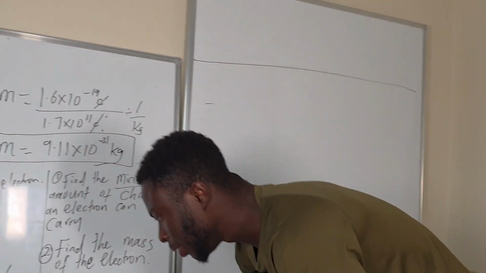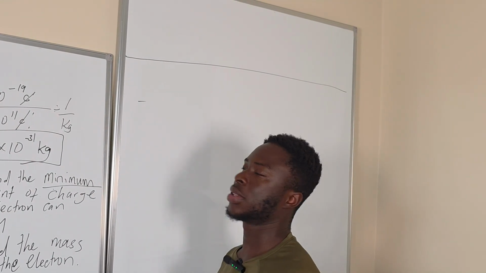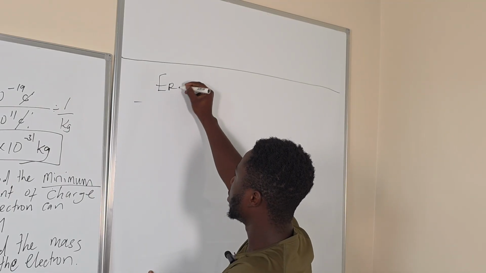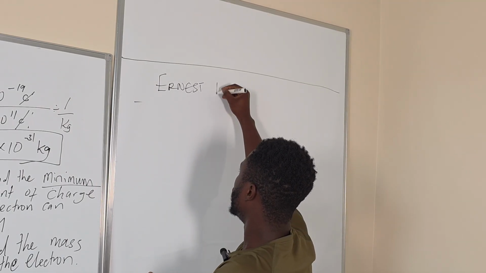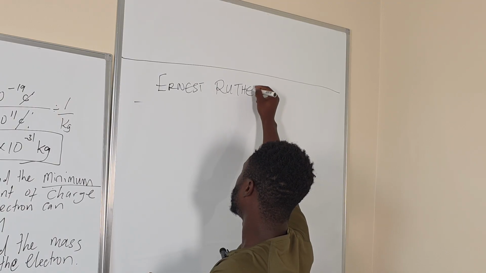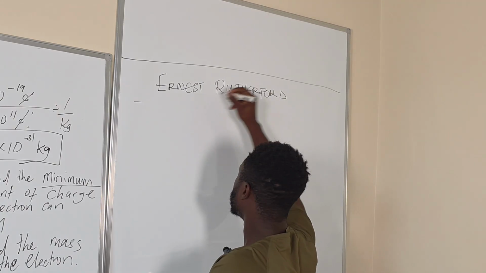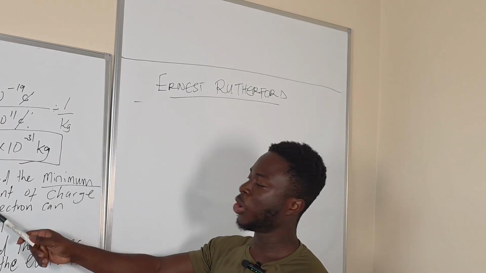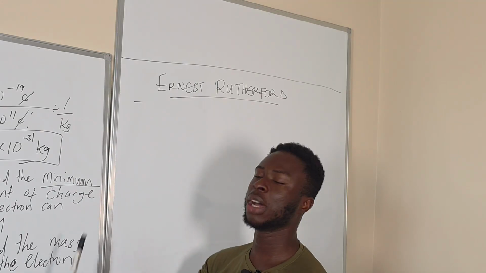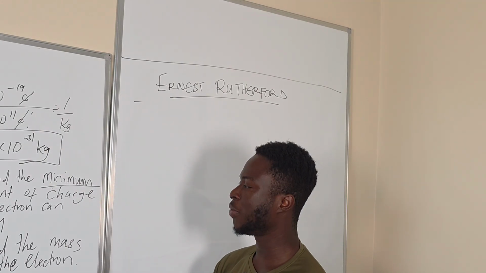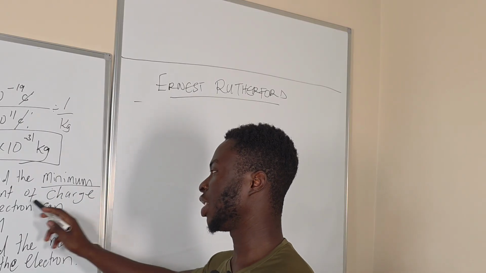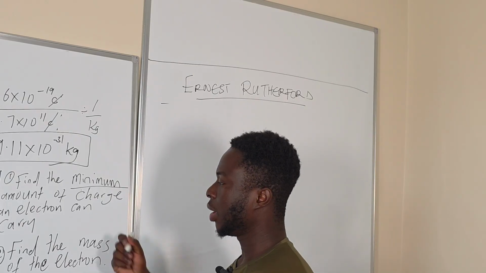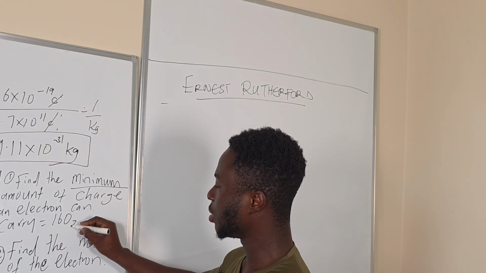So after Millikan, a scientist arose. Not that he arose, he was already there. He goes by the name Ernest Rutherford. So before him, Millikan, or the scientific community, had already established that the minimum amount of charge an electron can carry is 160 zeptocoulombs.